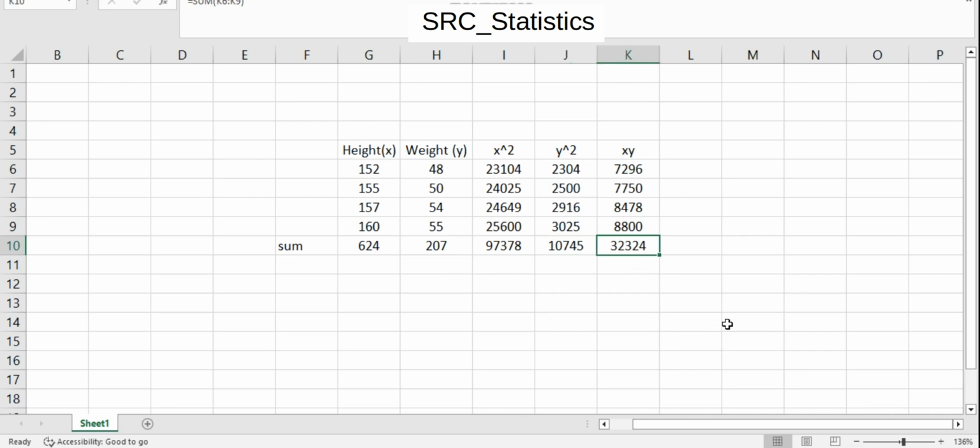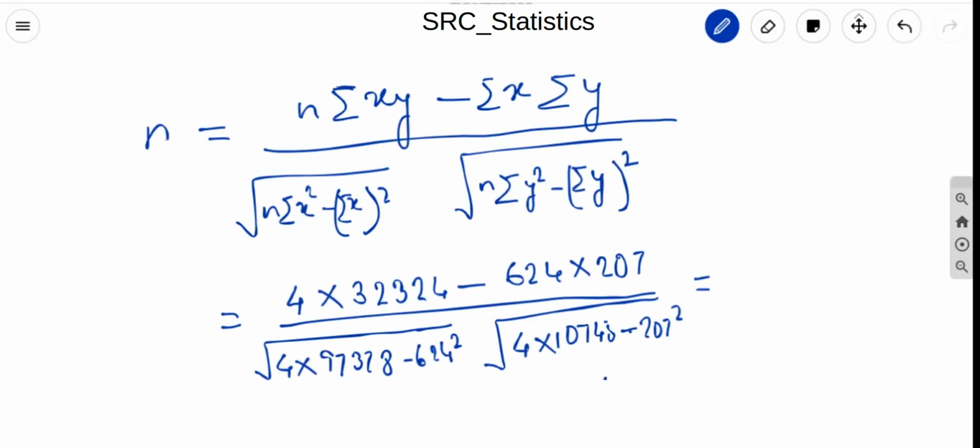Now we shall put these values in our correlation coefficient formula. Putting these values in the formula for r, n is 4. There are 4 data points given, so n equal to 4.